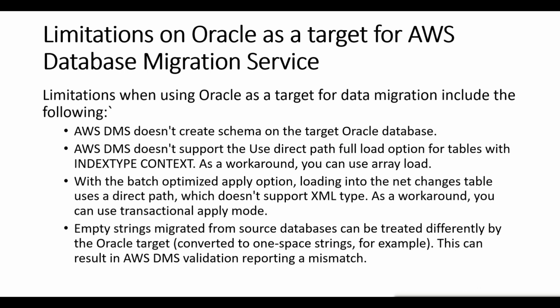With the batch optimized apply option, loading into the net changes table uses a direct path, which does not support XML type. As a workaround, you can use transactional apply mode. Empty strings migrated from the source database can be treated differently by the Oracle target. This can result in AWS DMS validation reporting a mismatch.